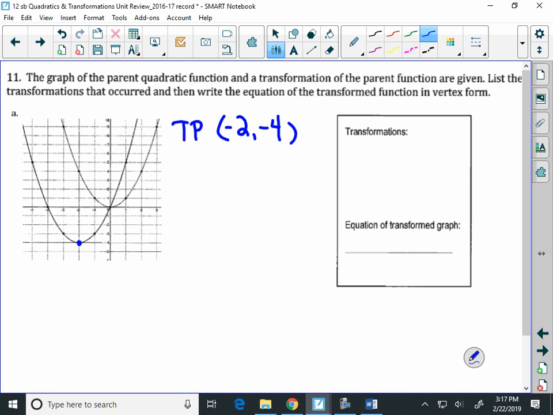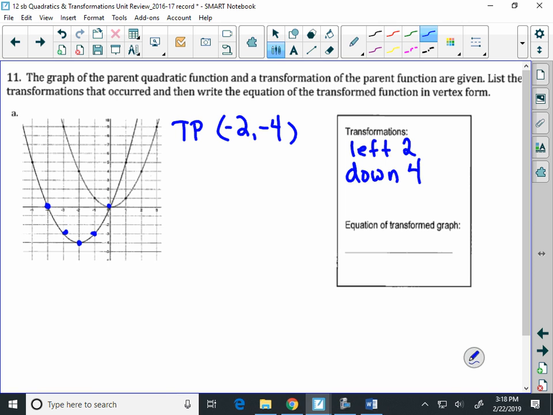Once we realize that our turning point is -2, -4, that means that we went left 2 and we went down 4. And then we look at a couple other points here on our graph.